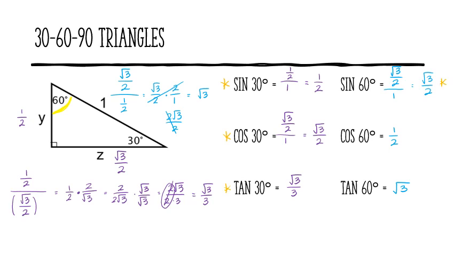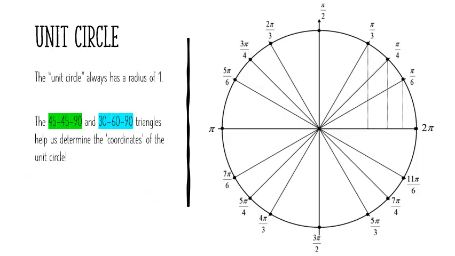A big reason is due to our unit circle. And this is something we are building up to, so we're sort of going to get more and more specific as we get closer to that. But a unit circle is made up actually of a bunch of these exact same triangles. So I want to just give you a little preview here. This is what a unit circle looks like.